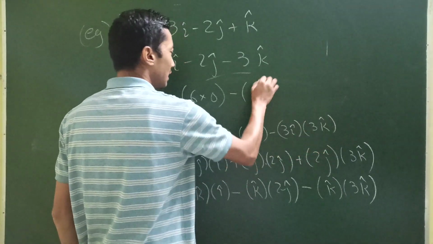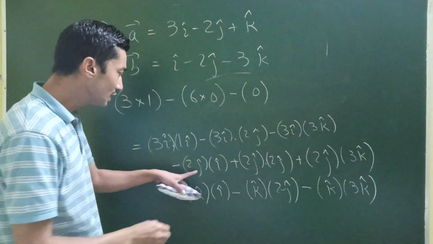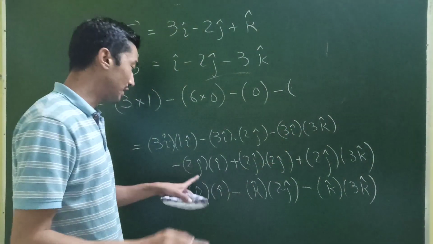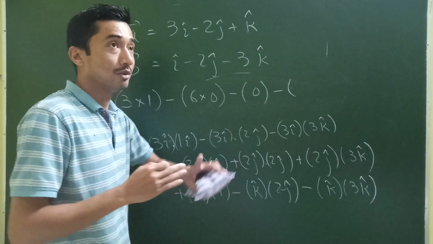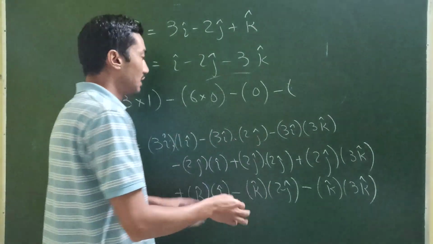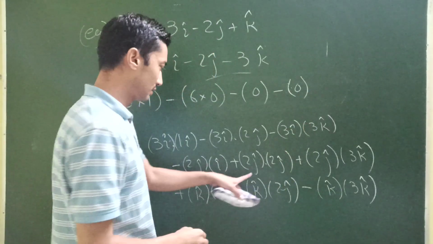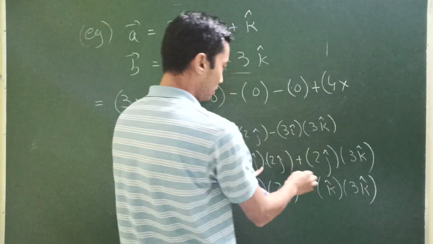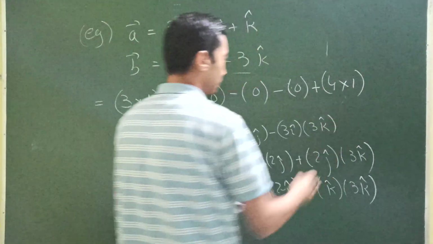i dot k is again what? 0. This one also, 2 into 1, okay, but j dot i, perpendicular vectors, so theta is 90 degrees, so this is also 0. Here, plus 2 2's are 4, j into j, j dot j, that is 1, isn't it?